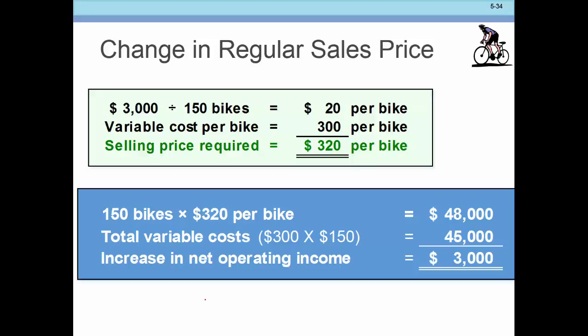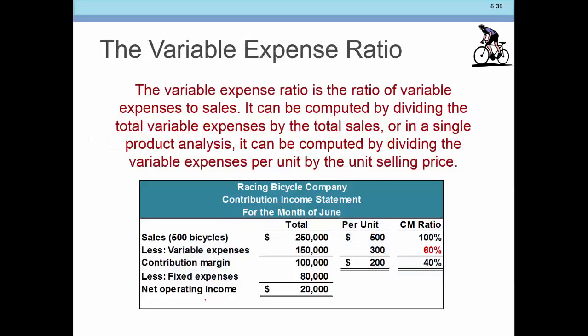Okay, good. Let's go ahead and consider this notion of the variable cost percentage. Some of the problems won't give you the contribution margin ratio. They'll give you the variable cost ratio. Can you hang with that? In a situation like that, they'd probably just be giving you this information here, not this part.